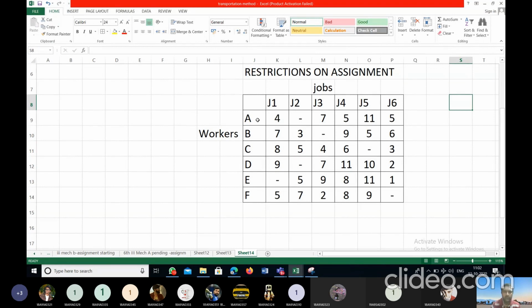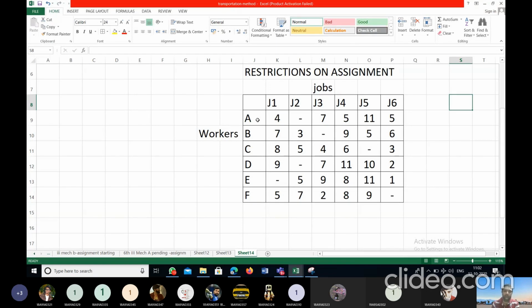That means why we need to restrict a particular person for a particular job, right? So you are having a condition that all the 6 jobs need to be assigned to all the 6 people, right? But you are intentionally restricting some people not to have that particular job. Okay, right?